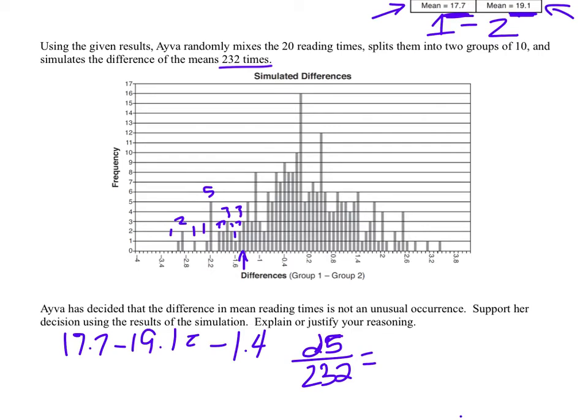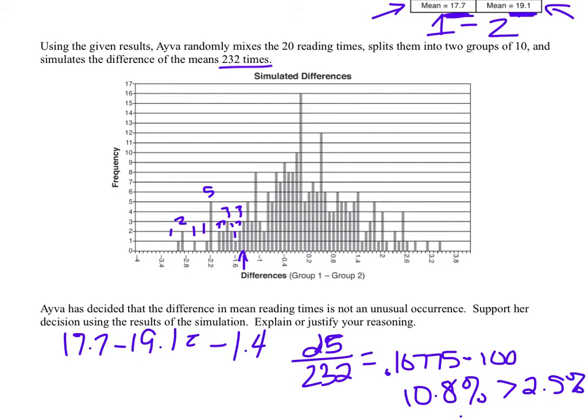So what is this percentage? The value that I get here is 0.10775, so the percentage is approximately 10.8%. Since this is bigger than 2.5%, it's not unusual, not statistically significant, or inconclusive. These are all the words that we use to describe this.